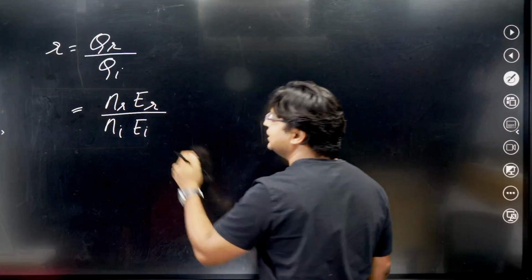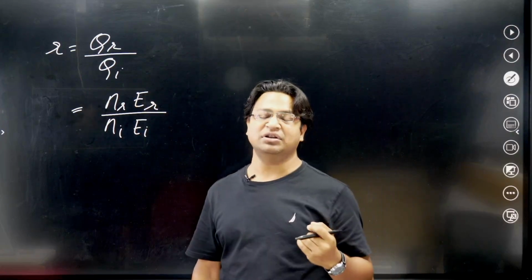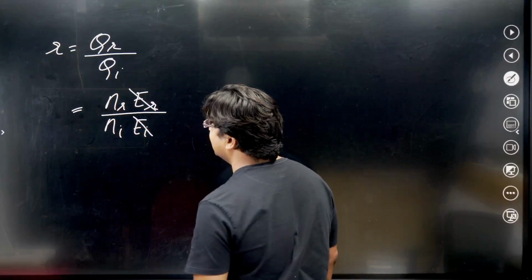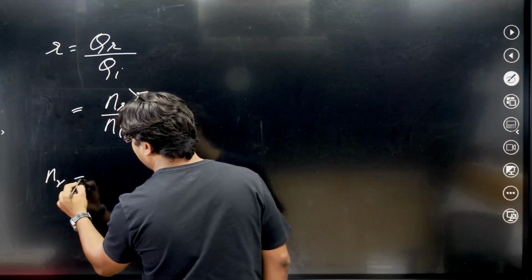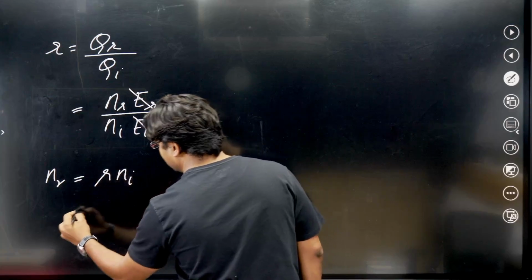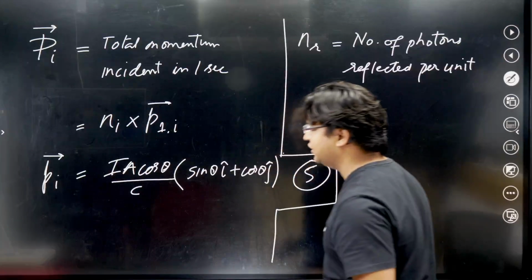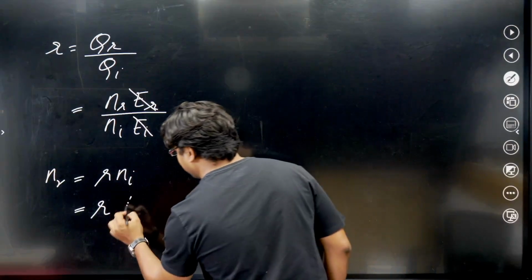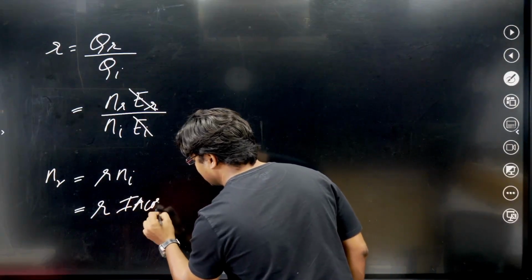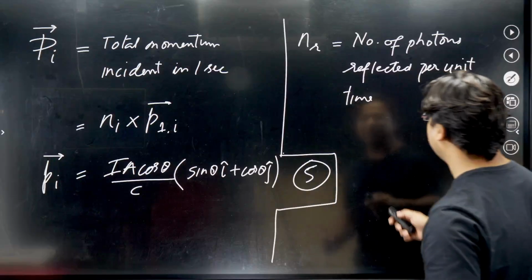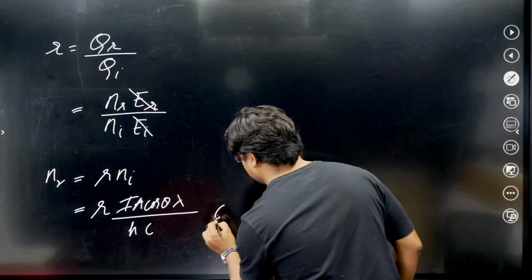Now Er and Ei are equal because upon reflection the frequency of the photon remains the same, so this is going to get cancelled. Therefore we can write NR, the number of photons reflected per second, as R into Ni. What was the value of Ni? Ni can be picked from equation number 3. It was Ia cos theta lambda by hc. So that becomes our equation number 6.